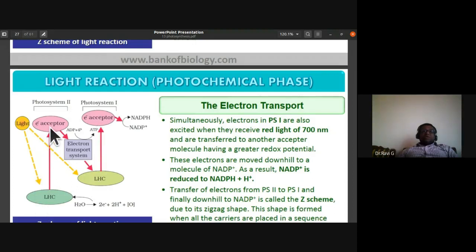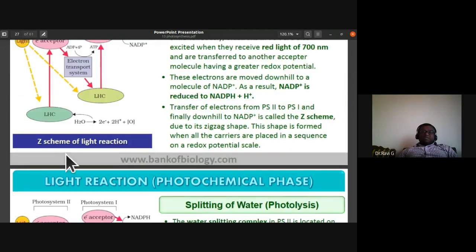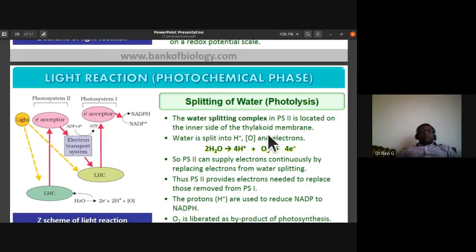This shape is formed when all the carriers are placed in sequence on a redox potential scale. The water splitting complex in photosystem 2 is located on the inner side of the thylakoid membrane.